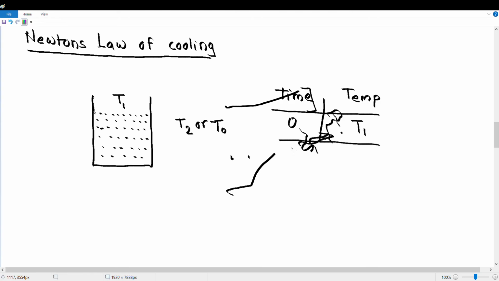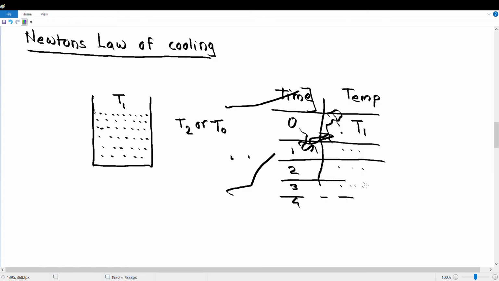After every minute, that is after 1 minute, 2 minutes, 3 minutes, 4 minutes, we record the corresponding temperature. Suppose these are the corresponding temperatures.